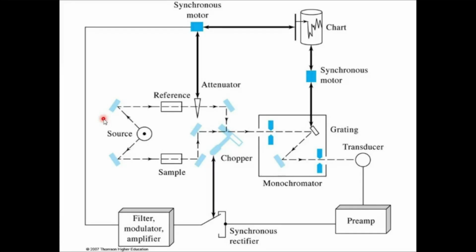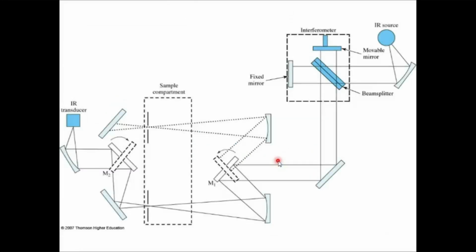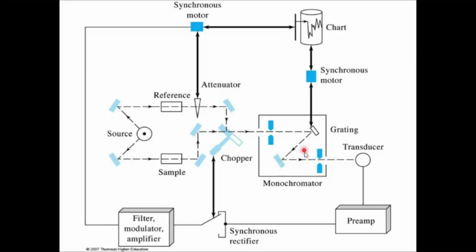Now here a monochromator is used. All these instruments were utilizing an interferometer, but in this particular instrument, a monochromator is used. The beam of infrared radiation is split into two. One is passing through the sample, the other is passing through the reference.